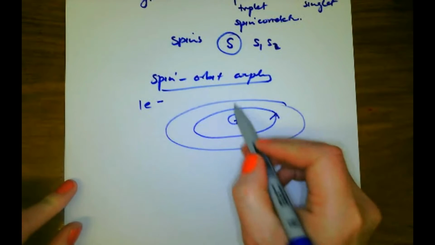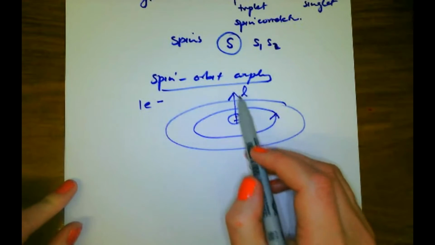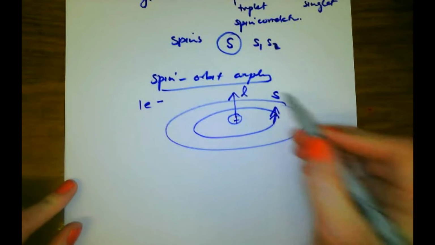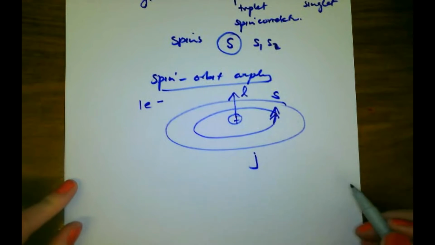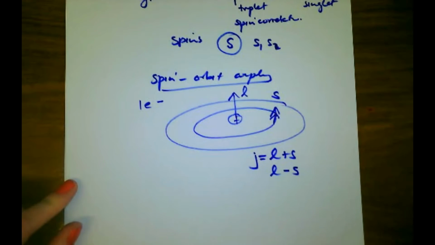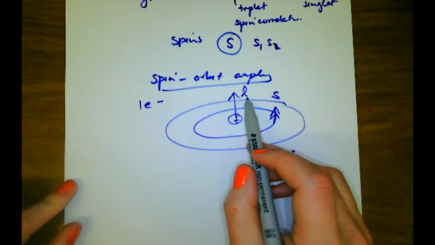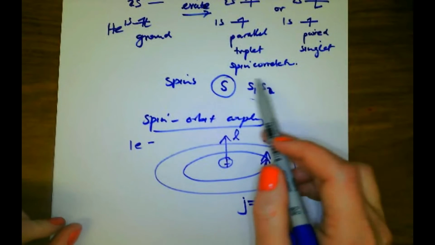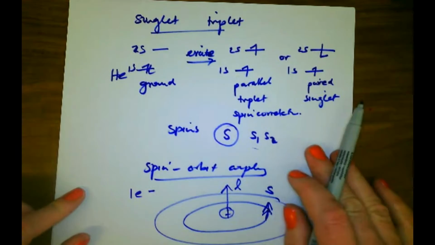Now, as a result of the orbital motion, it has orbital angular momentum given by the orbital angular momentum quantum number L, and it also has spin angular momentum given by the quantum number S. And we looked at the total angular momentum as coupling L and S. So here we're coupling orbital and spin angular momentum. This is only for one electron, this is for more than one electron. We only couple spins. So singlet and triplet has to do with the coupling of spins for more than one electron.